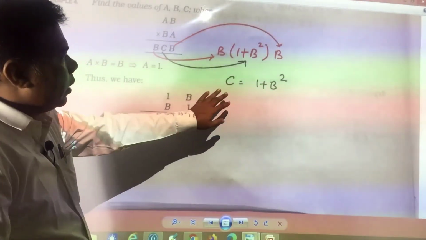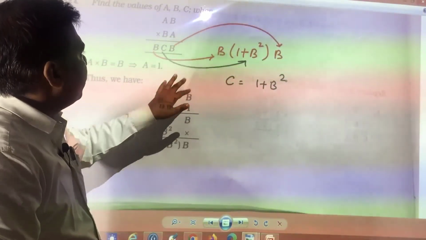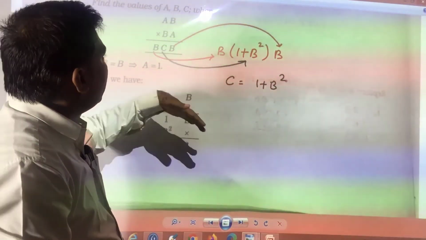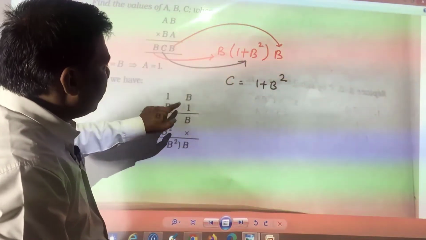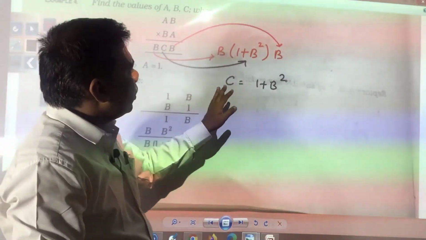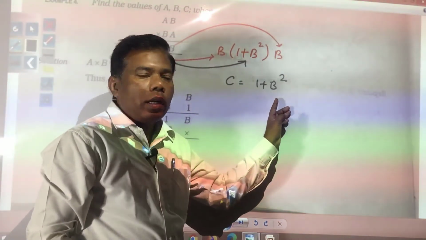Now we need to find out the value of C, because we have already got the value of A, that will be 1, but we need to find out the value of C and B. How will we find out?